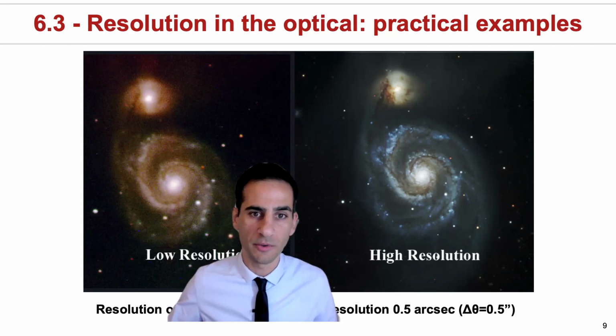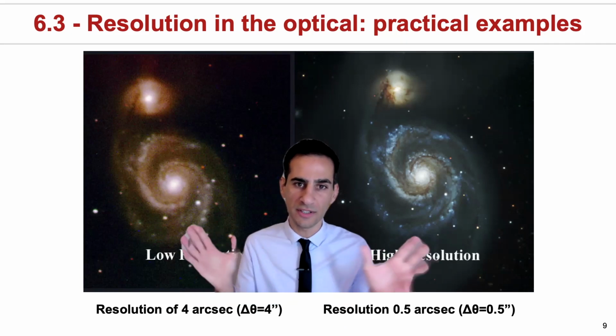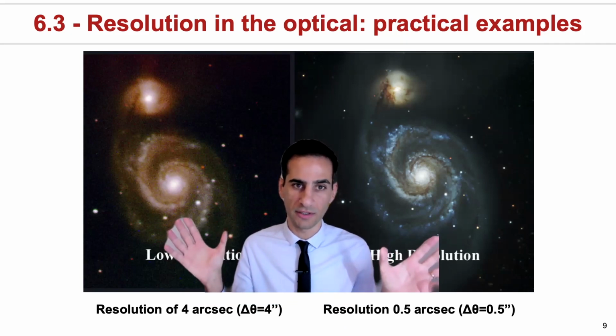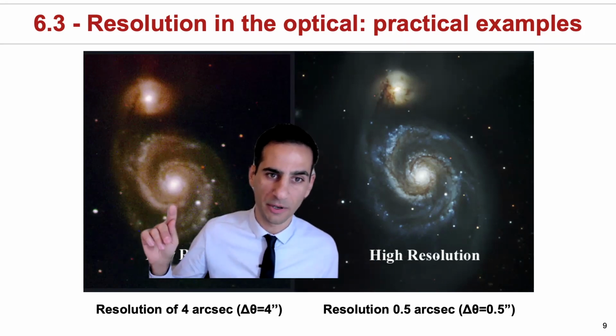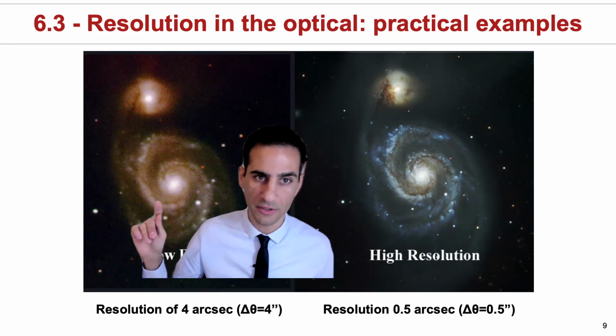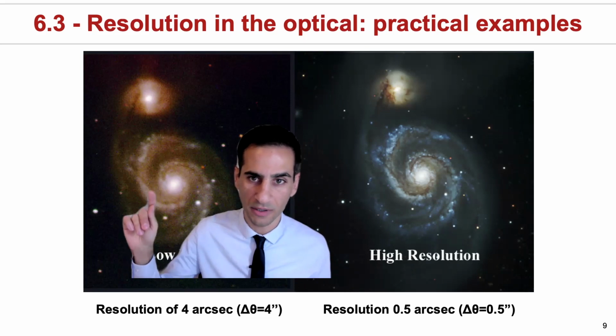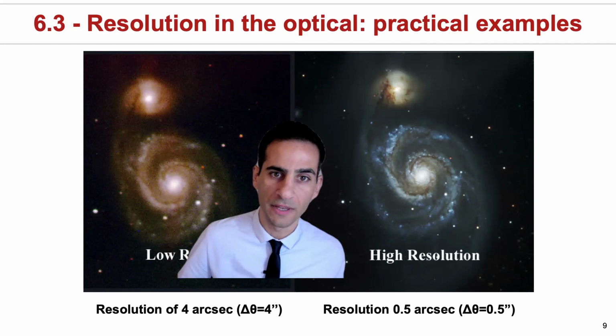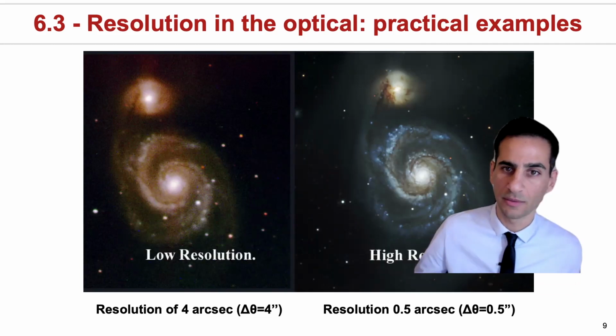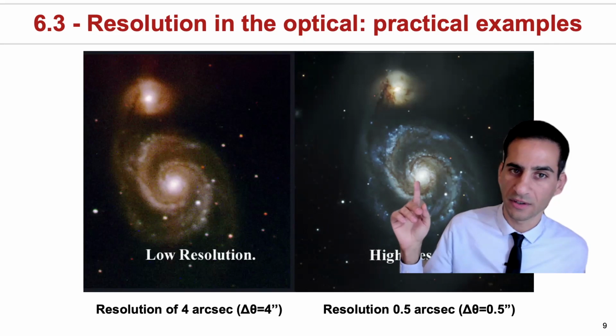And perhaps the most obvious thing is that even though it is the same object on left and right, you will be able to see the details with much sharper contrast over here, especially if you're looking at structure in the spiral arm, perhaps structure also at the bulge of the galaxy. You really can't see it here, but if you turn to the much higher resolution, you can start to distinguish.